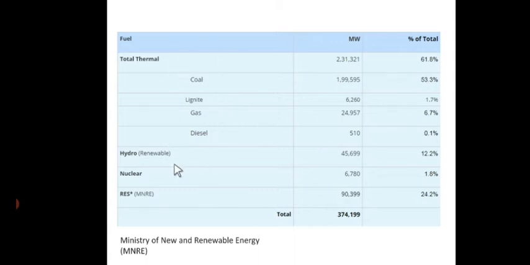Then hydro and renewable contribute 12% of the total. Nuclear has a small amount, 1.8%, which is 6780 megawatt. RES, the renewable energy sector, is 90,399 megawatt, that is 24.2%. So in total 3,74,199 megawatt of energy is produced as per the data.